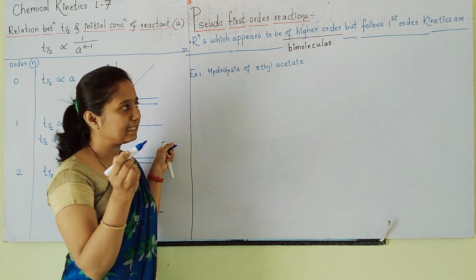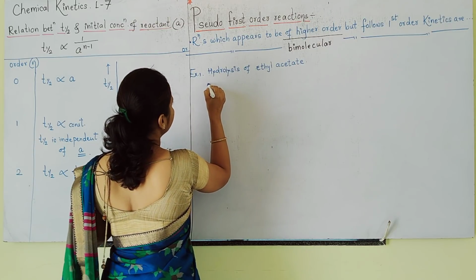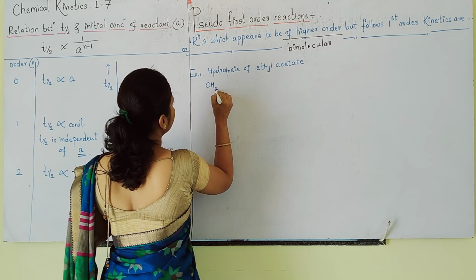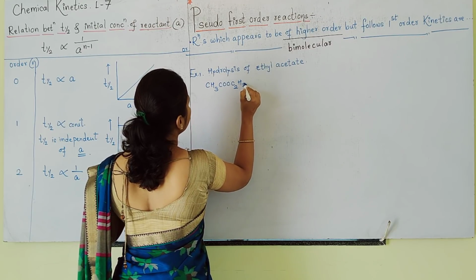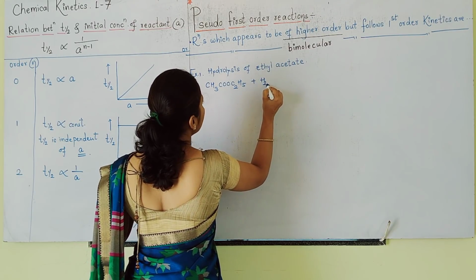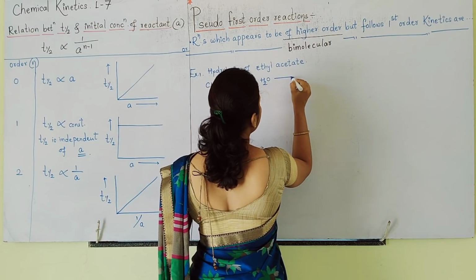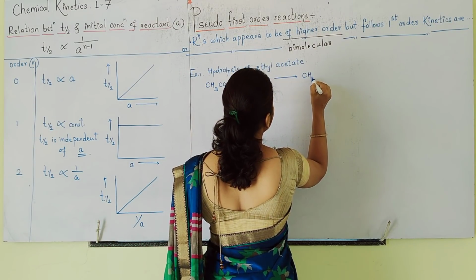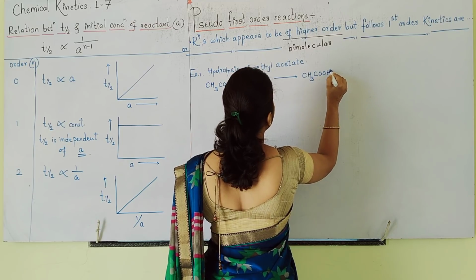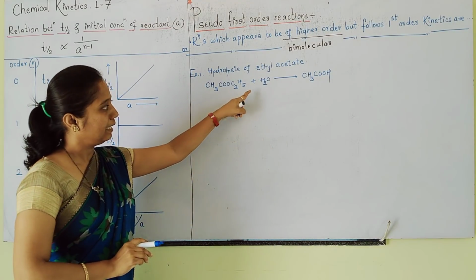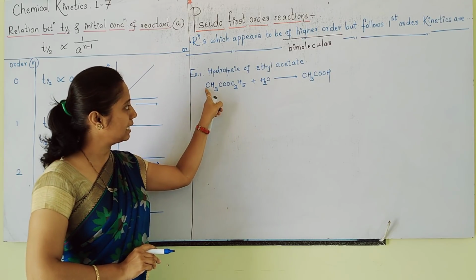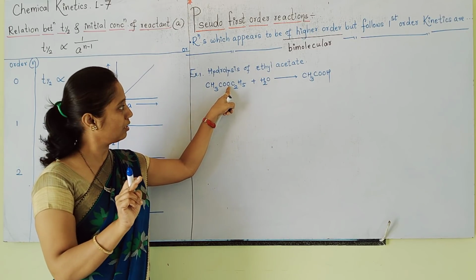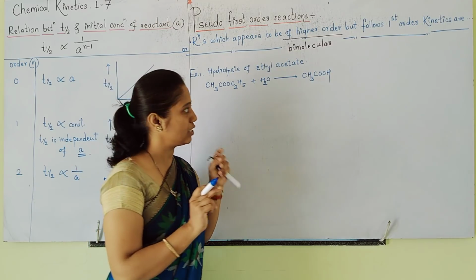Hydrolysis, so adding water. Ethyl acetate gives, with water meaning H and OH, CH3COOH and C2H5OH.